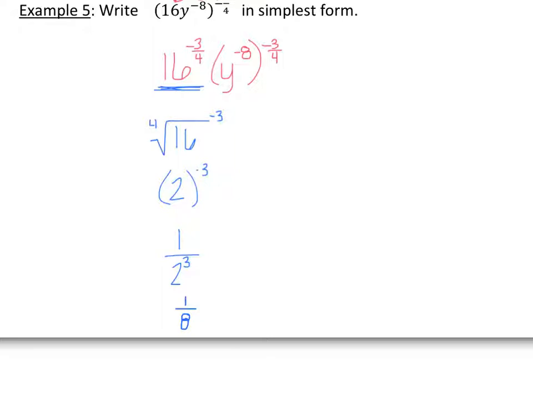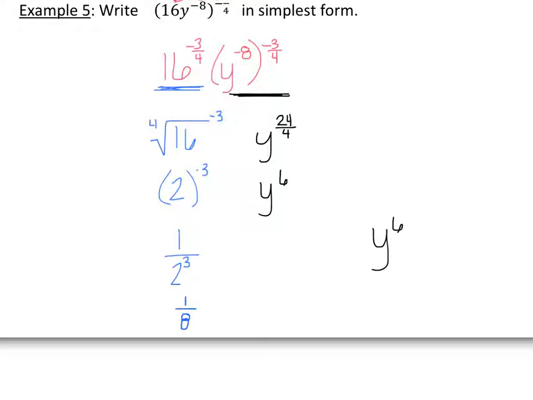Now let's deal with the y. What do we do with the exponents? Multiply. What's negative 8 times negative 3/4? 24 over 4. Reduce that. Y to the 6th. So what's our answer?